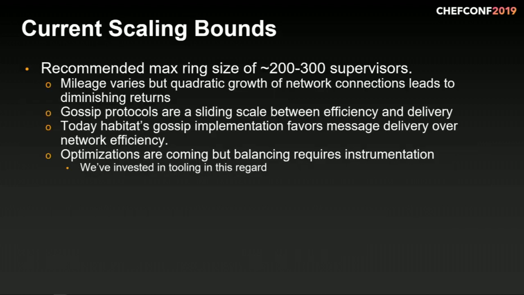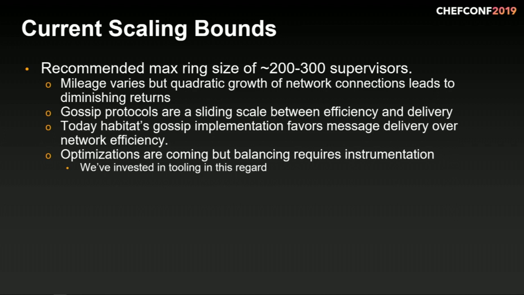First I want to start off with where we're at today and what the current bounds of scaling are in Habitat rings. So our current recommendation is about 200 to 300 max members in a ring. There's a little bit of fudge room there, but generally going over that leads to diminishing returns because of the profile of network connections in our gossip implementation right now.